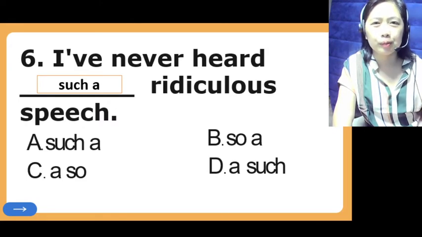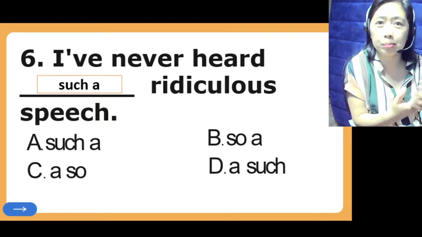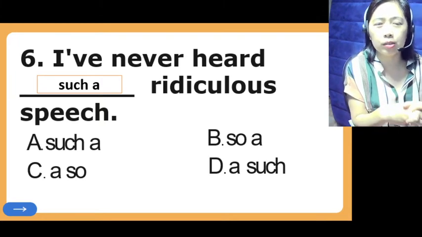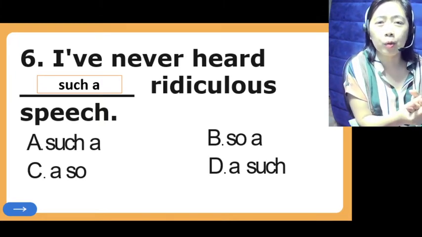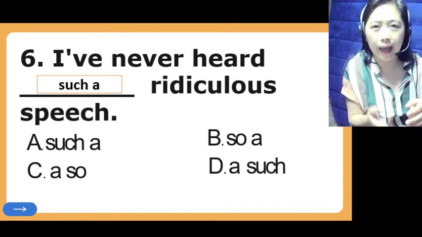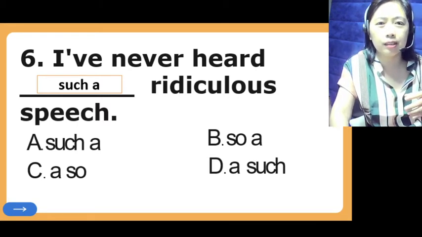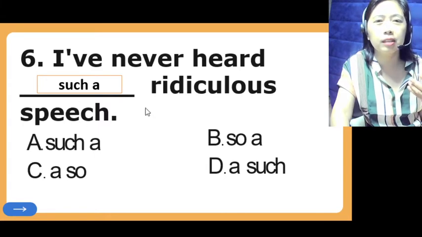Such is actually used as a pronoun, but it can also be used as a predeterminer when we pair it with the article a or an with a singular noun. Our singular noun here is the word speech. Such a ridiculous speech.